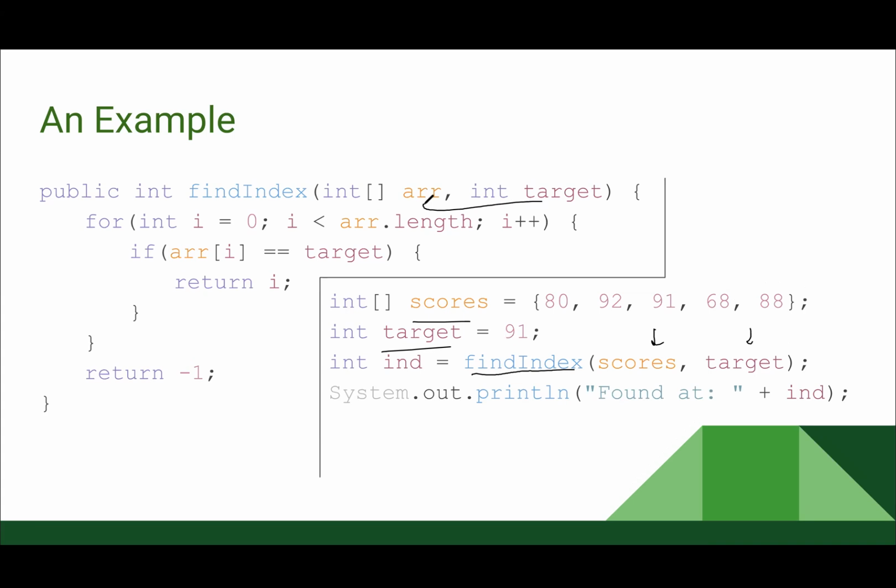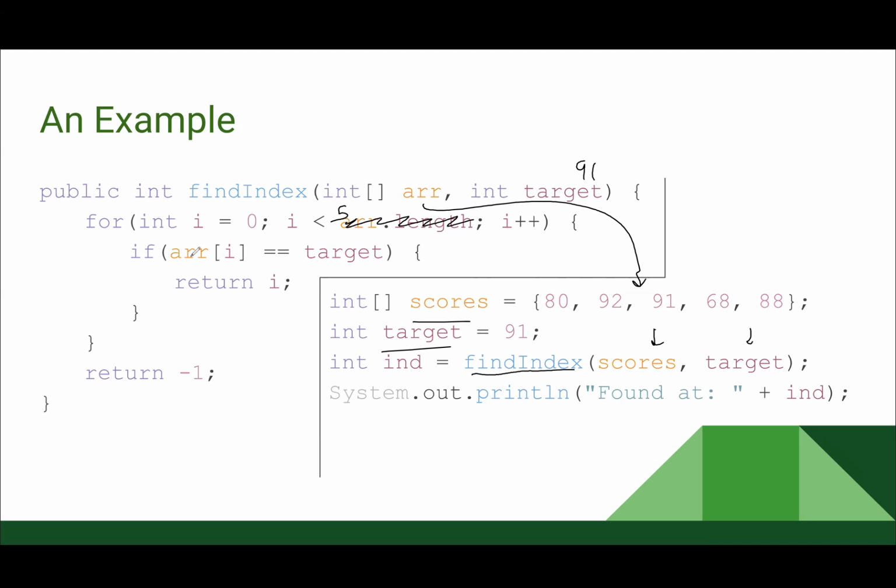So r is going to be essentially the exact same thing as scores, and target is 91. So i starts at 0. i is currently less than r.length, which is equal to 5. And we're going to increase i each time.